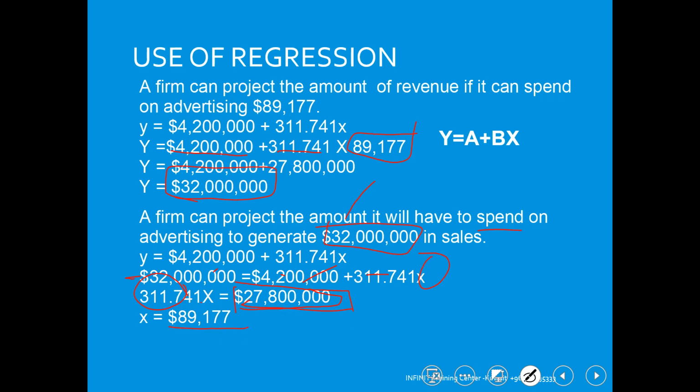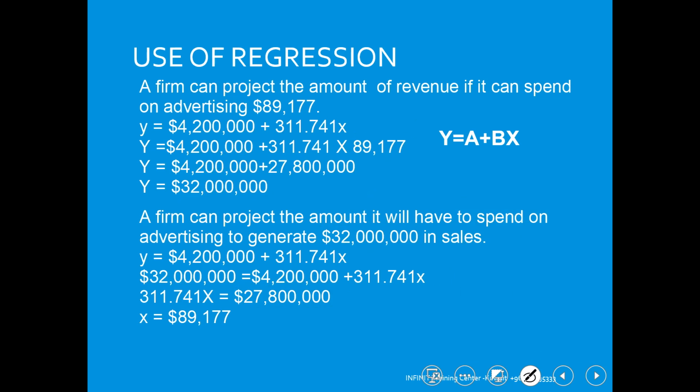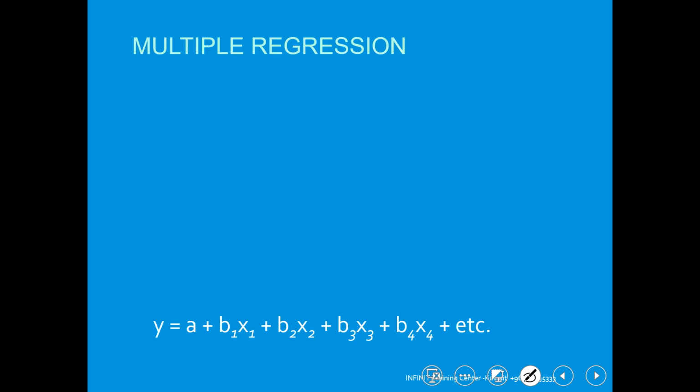So you can project your advertisement based on your expected or your target sales. Okay, so this is how you will do the calculation of Y knowing X using regression analysis.